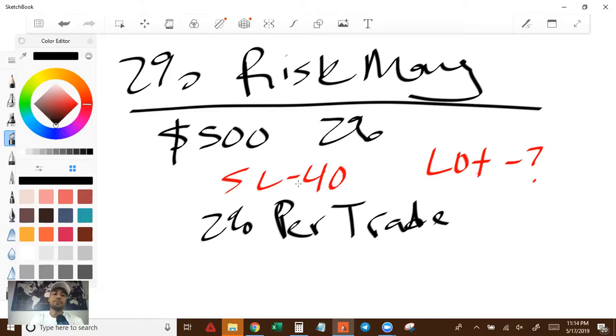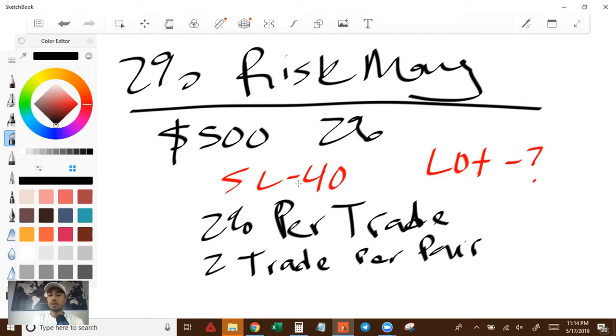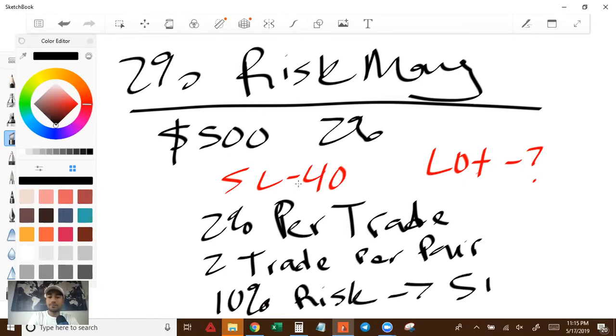That's number one. No more than 2 trades per pair at the same time. And then no more than 10% in total risk at any point in time. So that means 5 trades running at the same time.